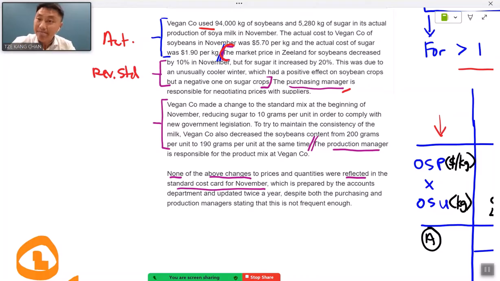And finally, the last paragraph shows us some changes made regarding the consumption volume of the ingredient. These changes were made at the beginning. That seems to reflect a change in the standard consumption or standard usage.